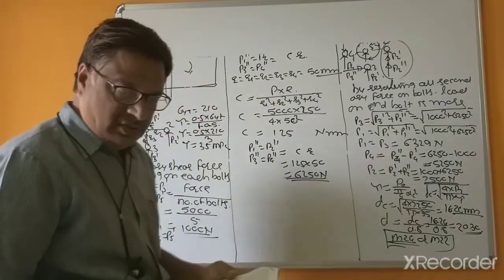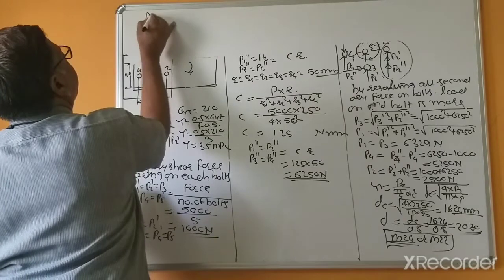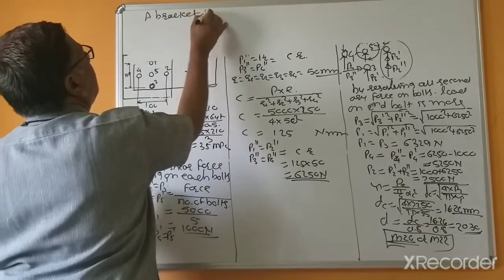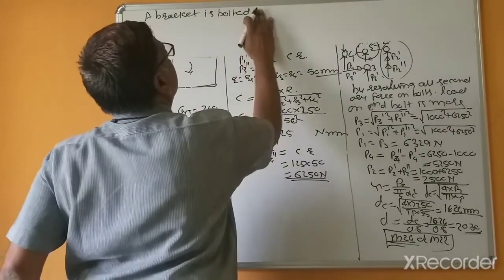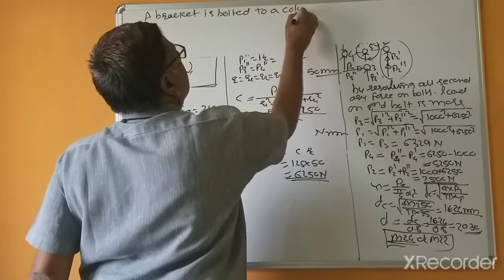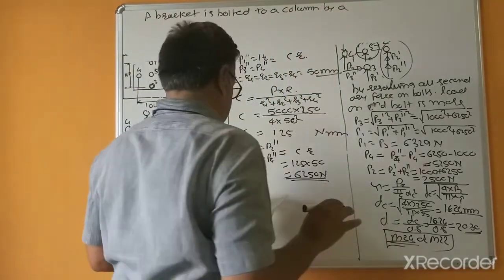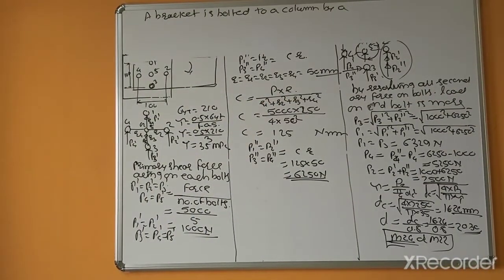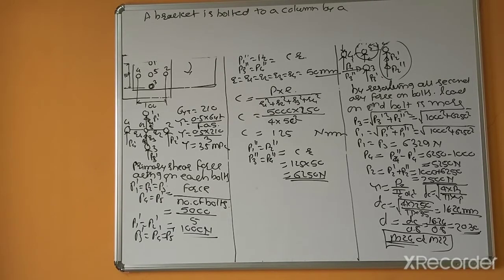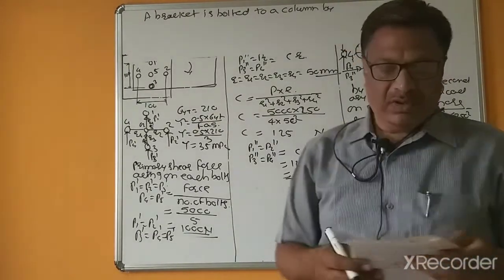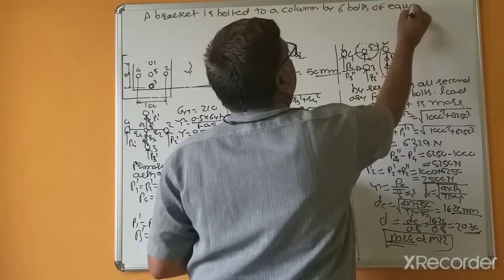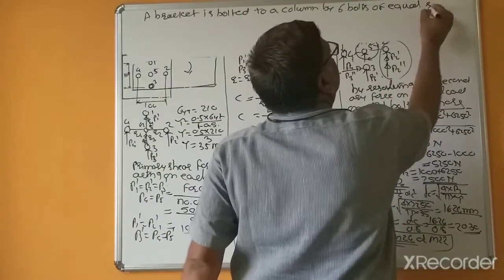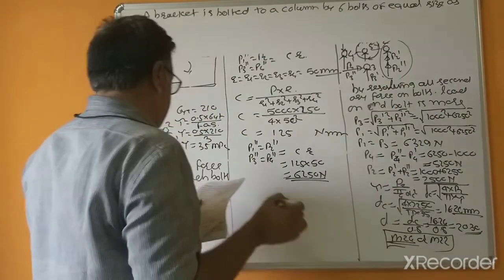A bracket is bolted to a column by 6 bolts of equal size as shown in figure.